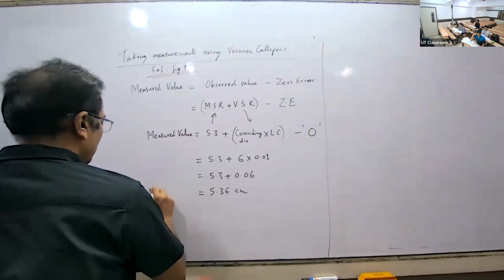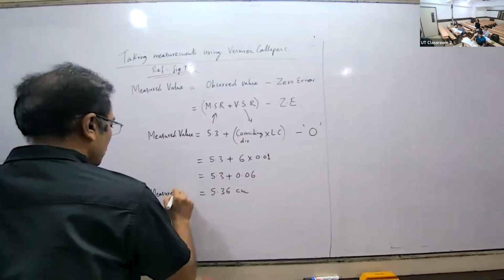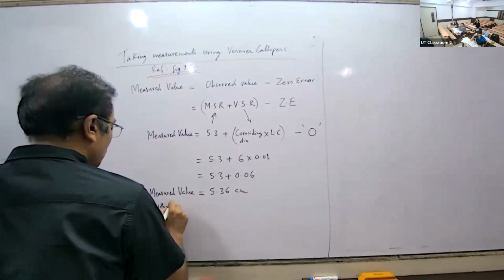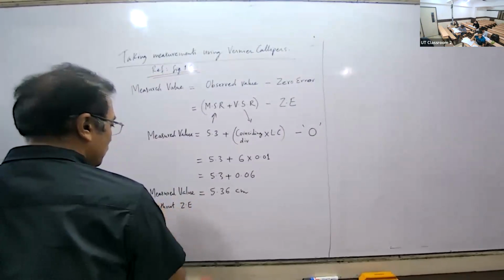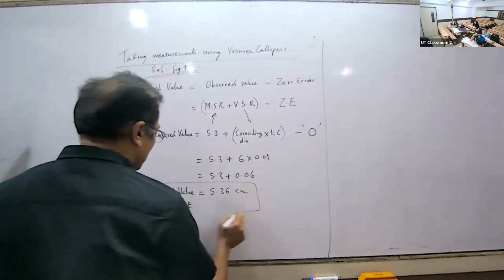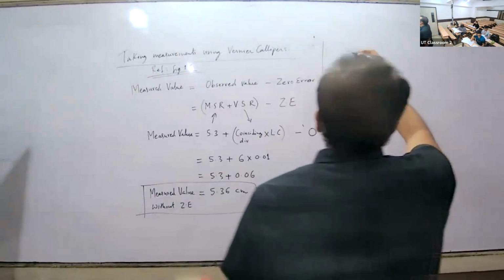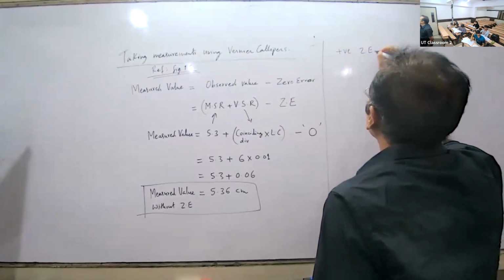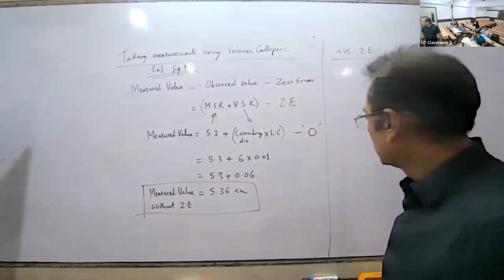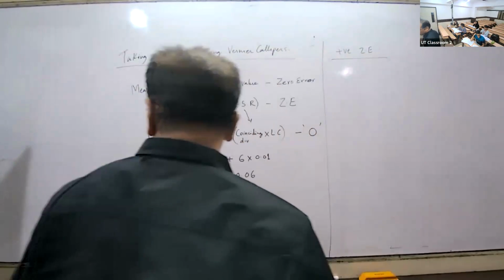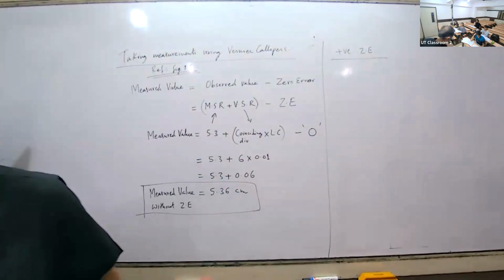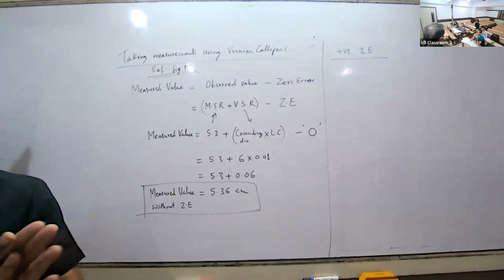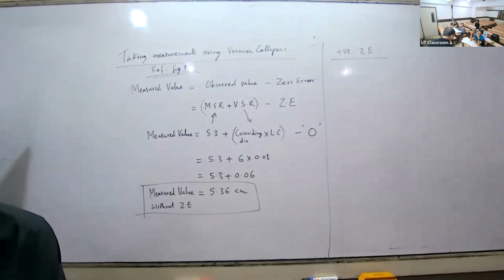So this is the measured value. Now let's understand what is positive zero error. When the jaws of the vernier calipers are closed without any object, then what will happen?